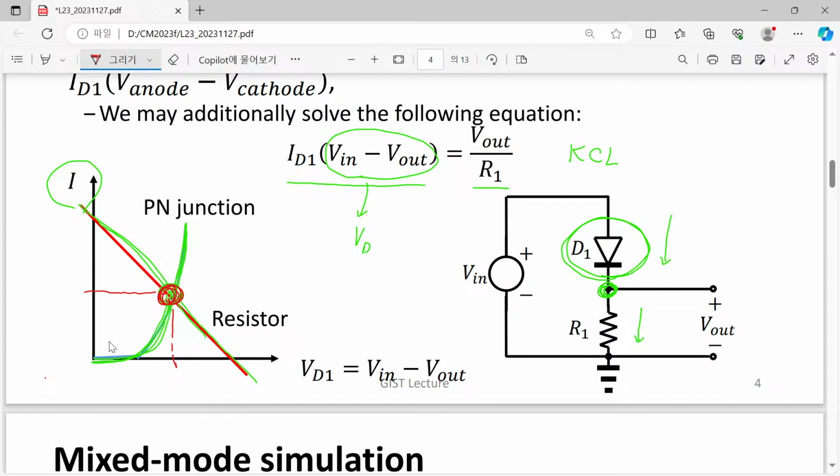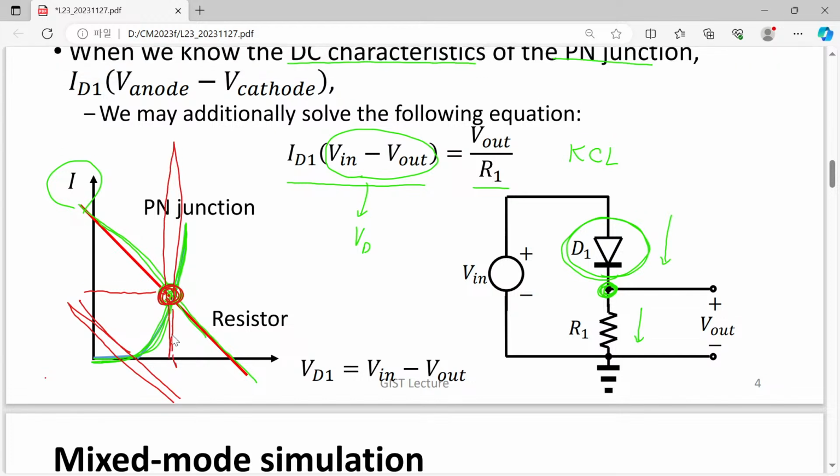So if we have a small input, then we will have just a small output. However, once we have large output, because this is too steep, let's say that, since this line is almost vertical, even though we change our input voltage, we will still have a certain output voltage almost fixed to a certain level.